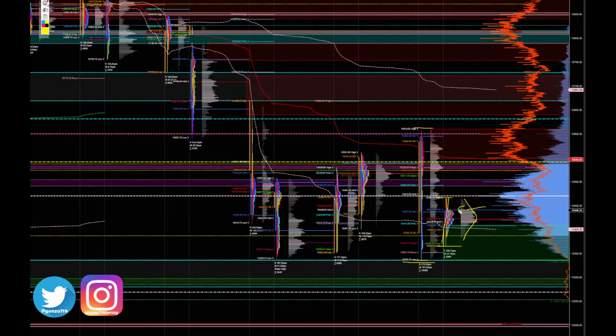Price is here. Same. This is pretty identical to the ES, the way the structure is set up. Okay, we close down here. We're still overall holding these lows in the structure of the market. That's bearish. Okay, that is bearish.